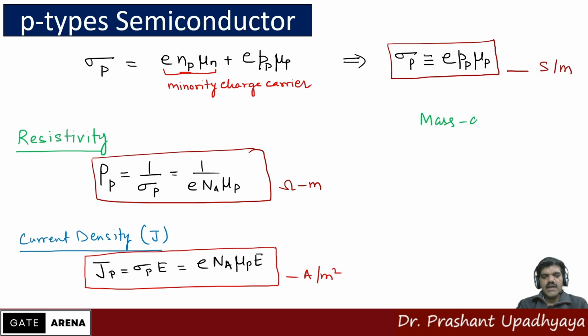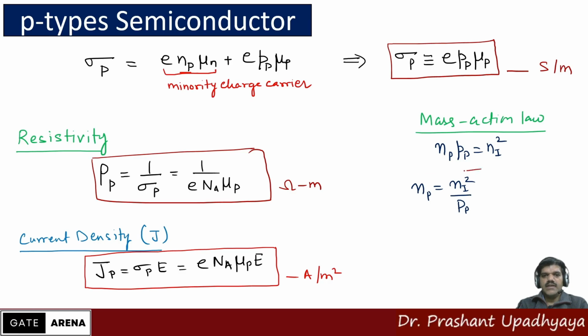Now, according to the mass action law, you remember n p equal to n_i square. So we will be writing here n_P multiplied by p_P equal to n_i square. Here we are talking with respect to the minority charge carrier, that is n_P. So I will be writing n_P equal to n_i square by p_P, and this p_P is equal to N_A.